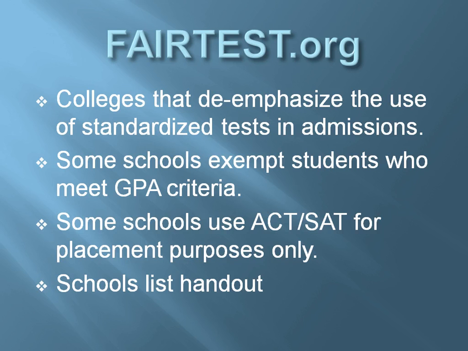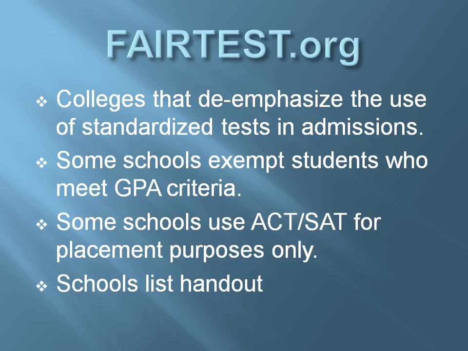Again, some students feel they could do better or their score is lower than they had hoped for. There are many schools out there that have actually begun to de-emphasize the importance of standardized tests when it comes to admissions. This is because they know that an ACT or an SAT score may not provide the whole picture or give an accurate portrayal of a student's abilities.